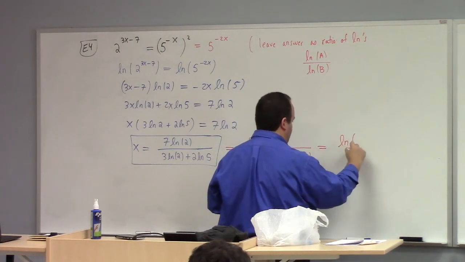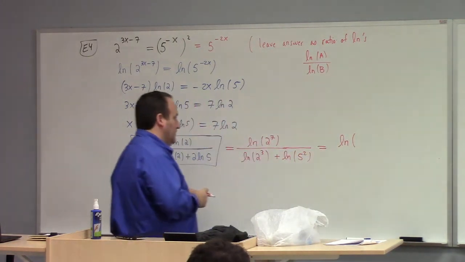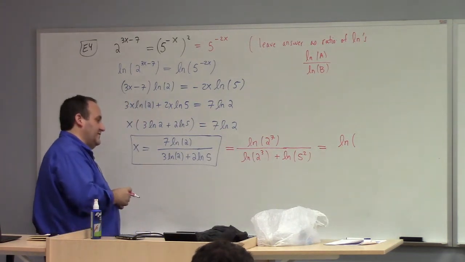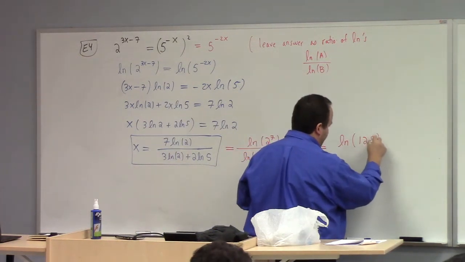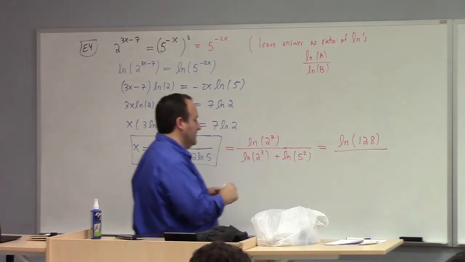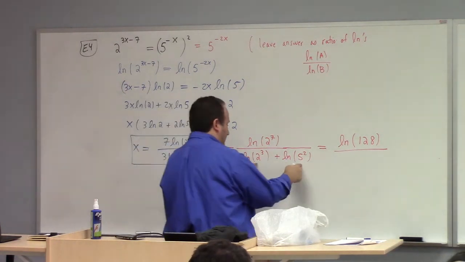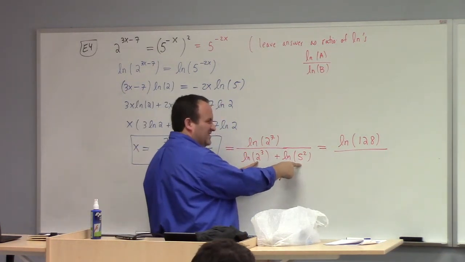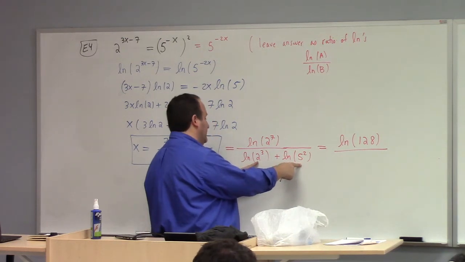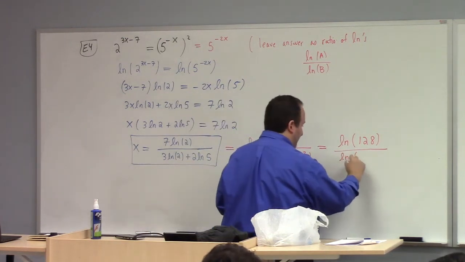That's natural log of, let's see here, 2 to the 5th is 32, 64, 128. That's the natural log of 128. And downstairs, we multiply these guys. So that's 8 times 25, which I think is 200. So natural log of 200.